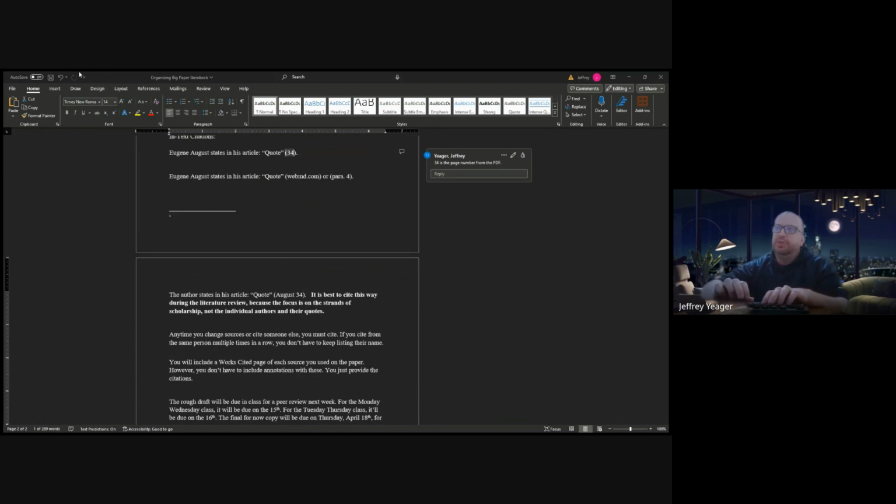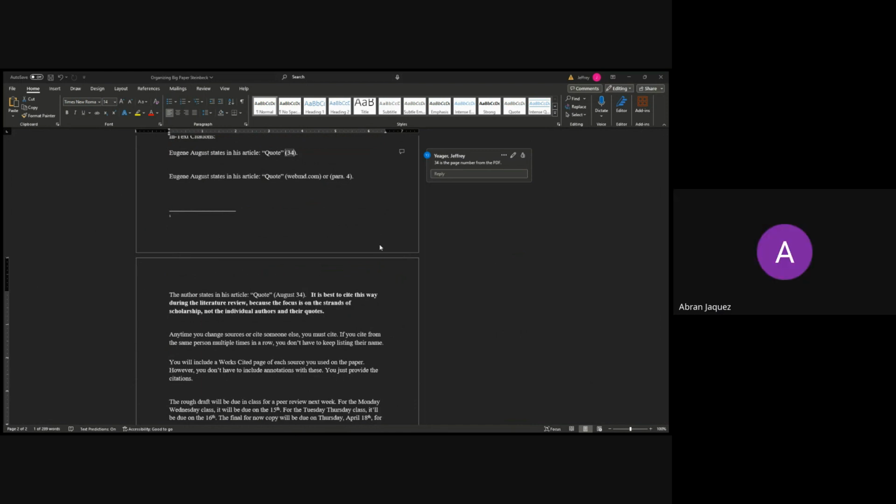Give me a second. I'll look this up. It's been a long time since I've had to do that. So let me look up the rule. I'm pretty sure that you put a shortened version of the title in the in-text citation in that case to differentiate. I will go look into that as well. But that sounds right.